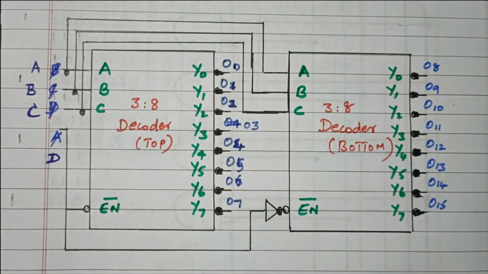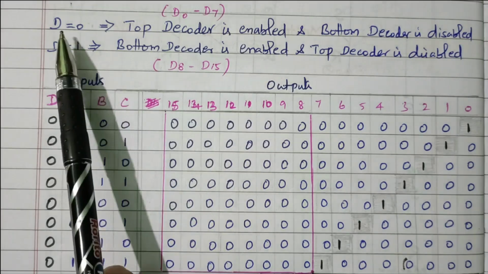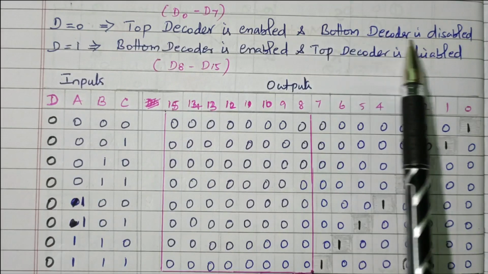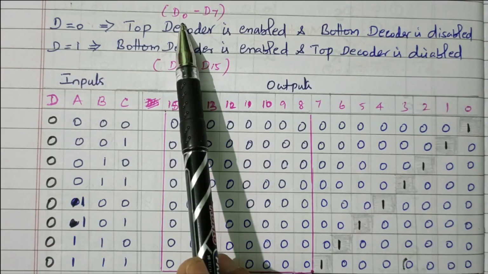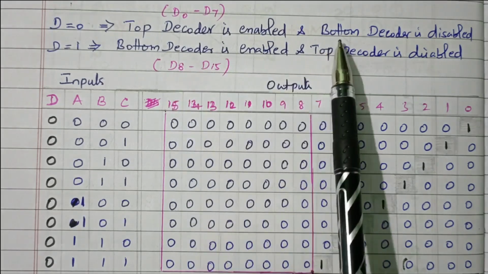Now we'll see the truth table for further understanding. D equal to 0 means the top decoder is enabled and the bottom decoder is disabled, so we get the data from D0 to D7, and D8 to D15 will be 0.